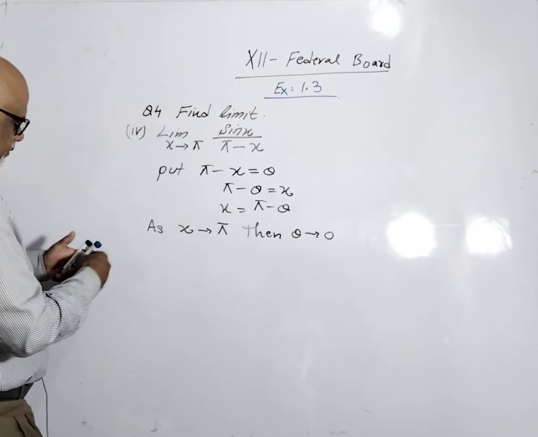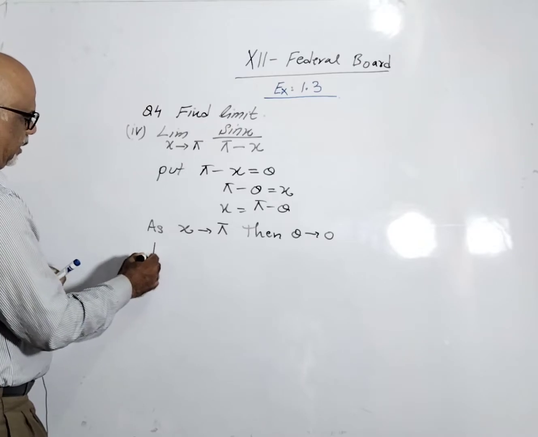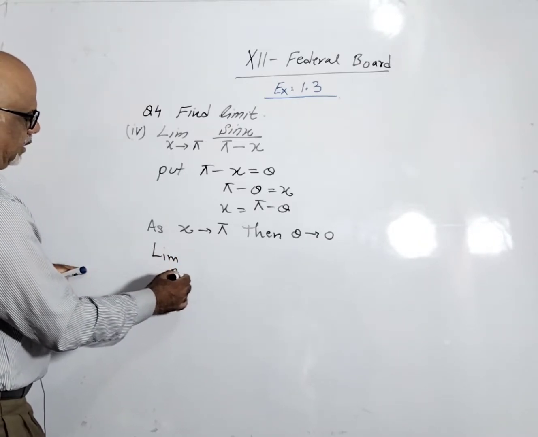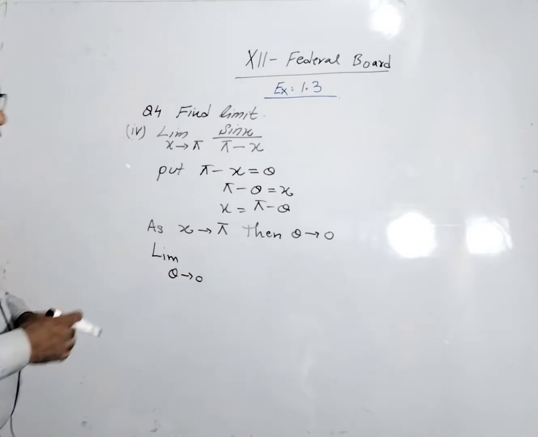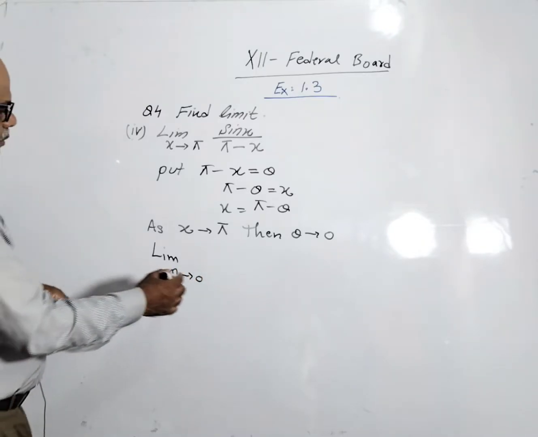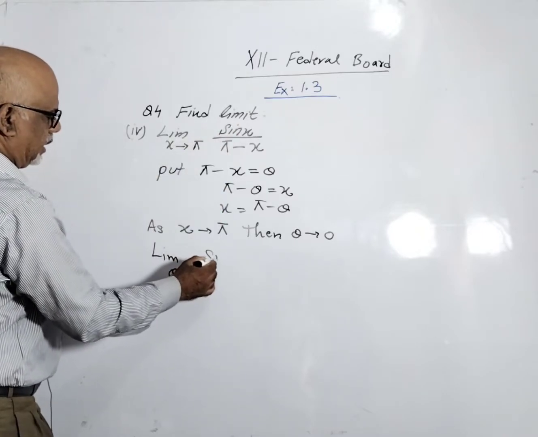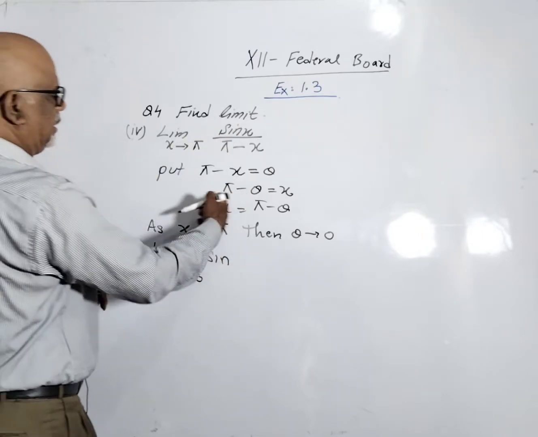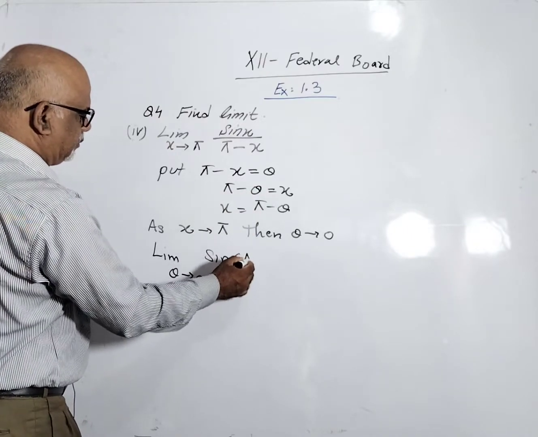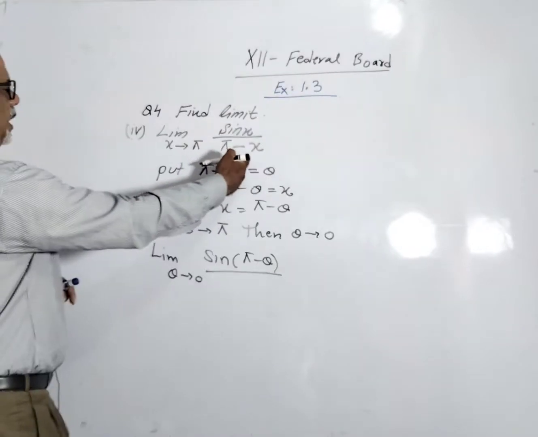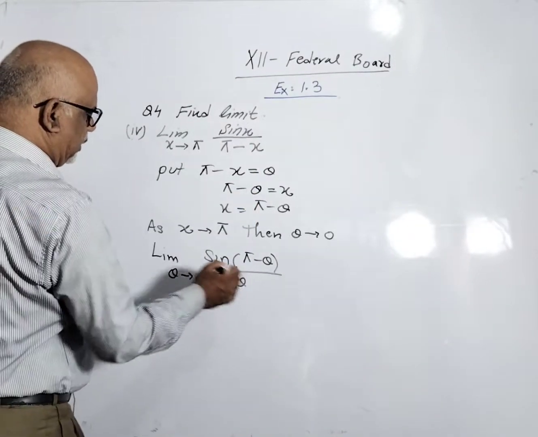So this is limit theta tends to 0 of sin x, and what is x here? Pi minus theta, divided by pi minus x, which equals theta.